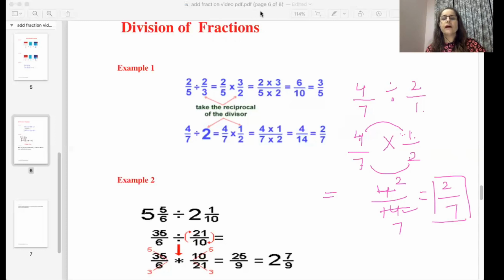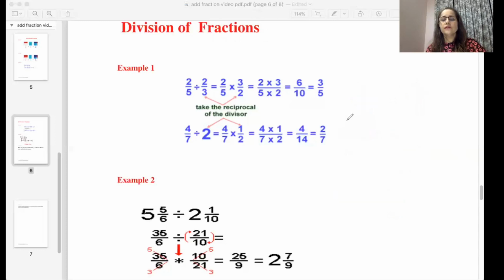So we can try these fractions, division of fractions. One more question we are going to do, that is mixed fractions. So 5 by 6, division of 2, 1 by 10. How to do this? First we will convert these mixed fractions into improper fractions.